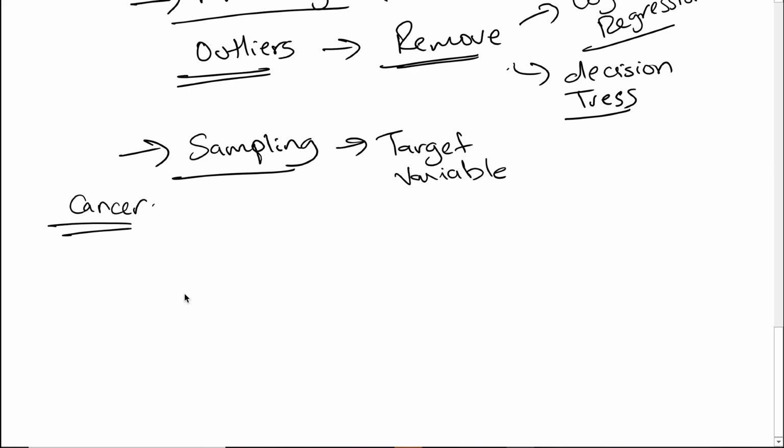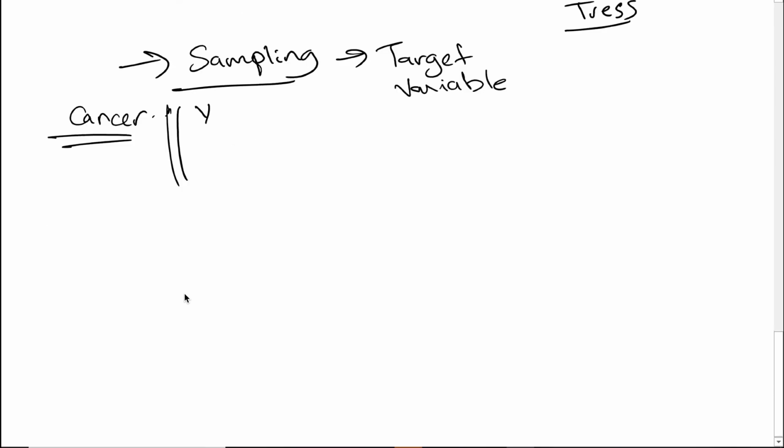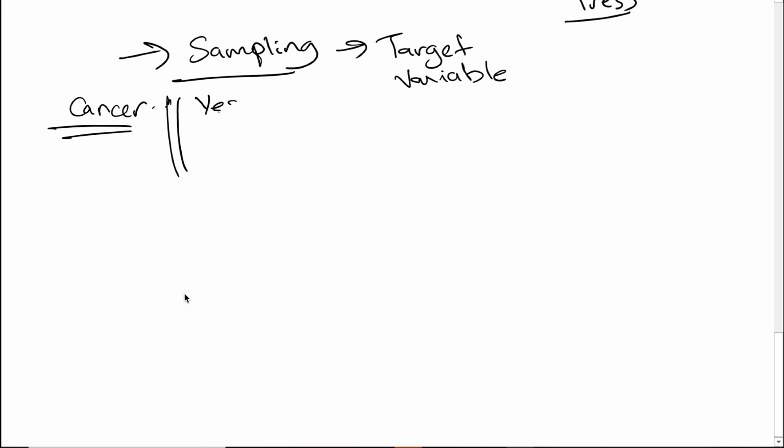What we're trying to predict is whether a person has cancer, yes or no. So this yes or no is basically your target variable, because we're trying to predict whether a person has cancer or not. Now what usually happens in such data sets is that the data would be highly imbalanced.